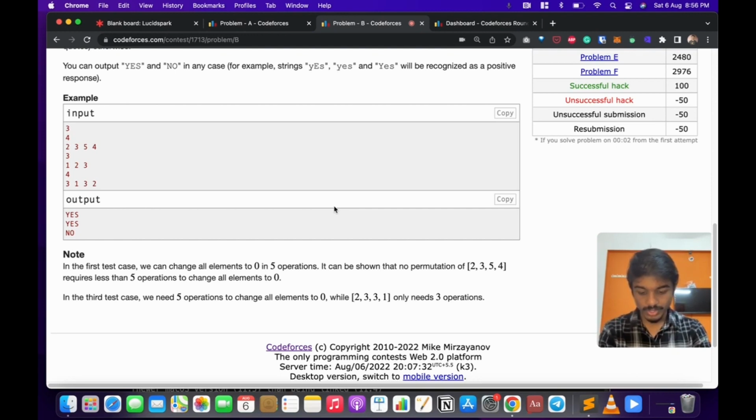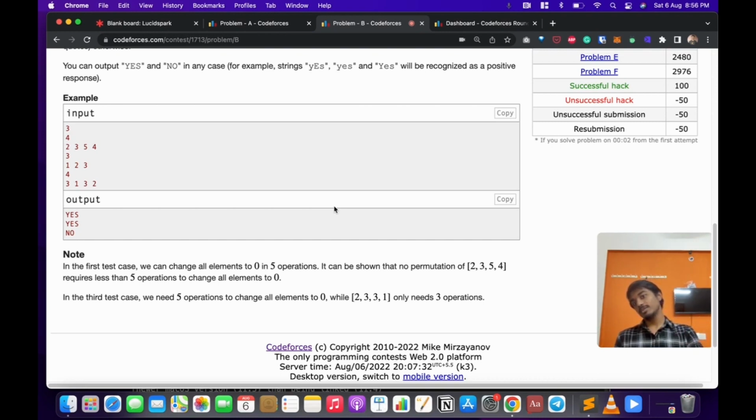Let's assume it's 2354. Consecutive values. 3 minus 2 is 1. 5 minus 3 is 2. 4 minus 5 is 1. So 2, 3, 4, 5.